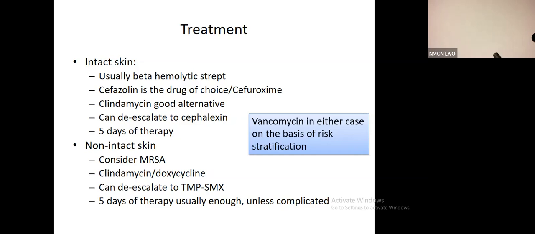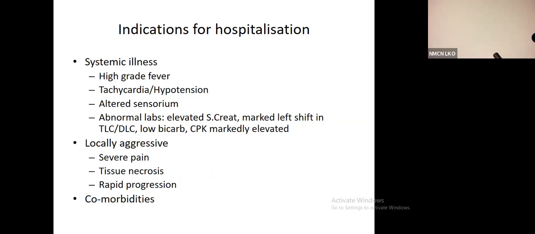But remember that we consider community acquired and hospital acquired. Now, indications for hospitalization in these kinds of situations are cellulitis with high-grade fever, tachycardia, hypotension, altered sensorium, abnormal labs, that is elevated creatinine, marked left shift in WBC, low bicarb, CPK markedly elevated, which means it has gone on to myositis, right?